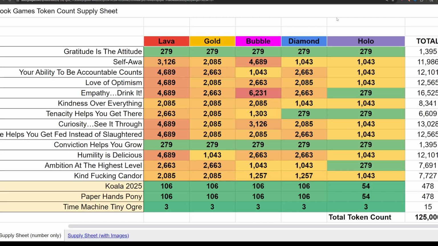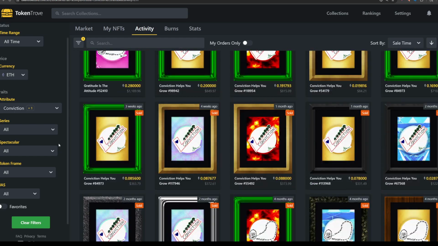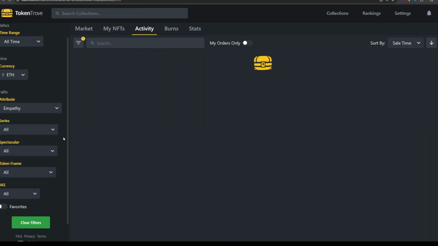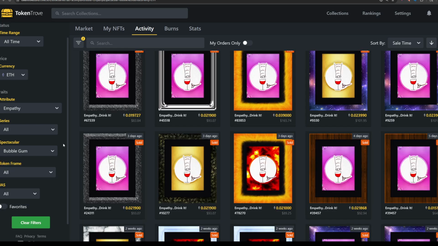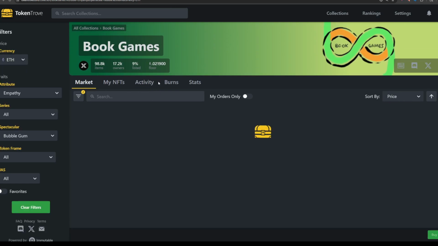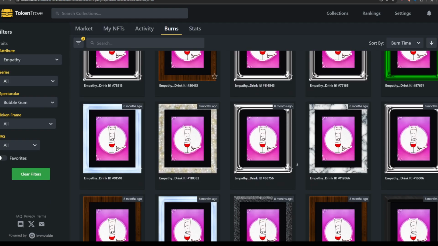6,231 stands out. Empathy bubblegum must be one of the most... empathy bubblegum. Let's check it out. Clear filter. Empathy bubblegum. Must have a lot of burns.